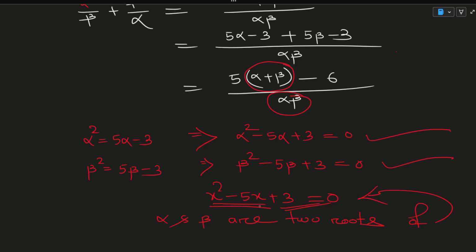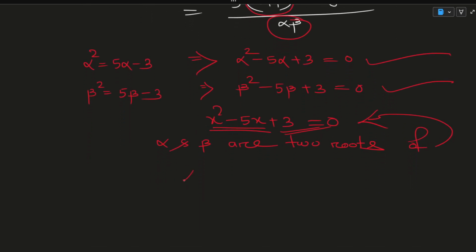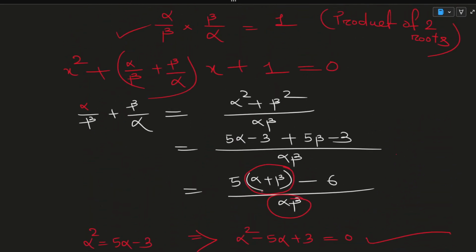So if alpha and beta are two roots, then we can conclude that alpha plus beta will be minus b by a, so it will be 5. And alpha beta will be the product, that is 3. So we got the value of alpha plus beta and alpha beta. We'll put these two values here.